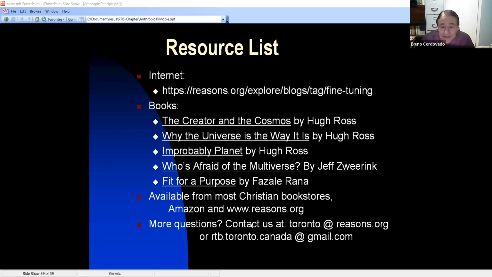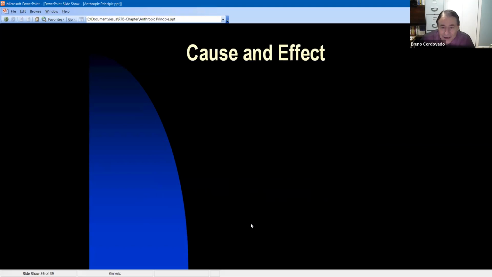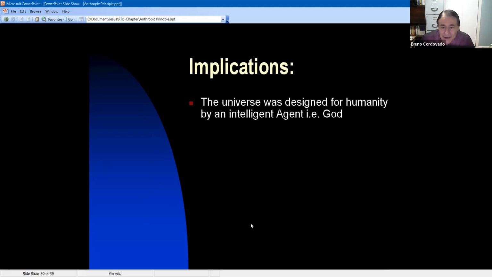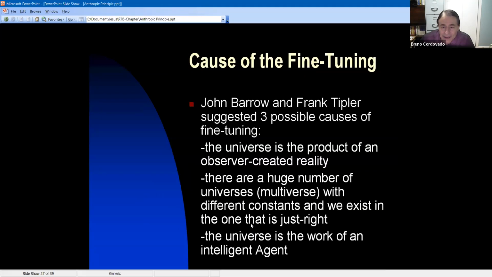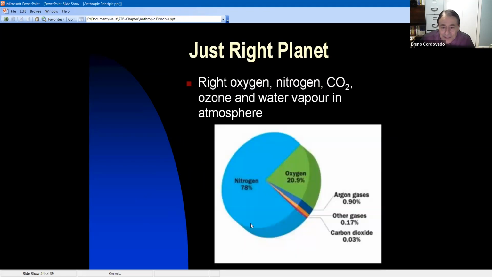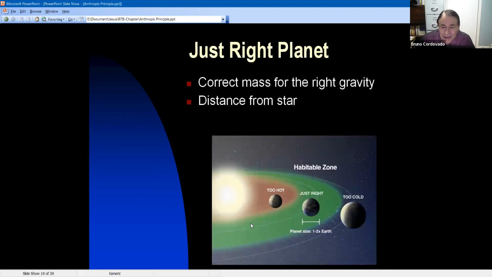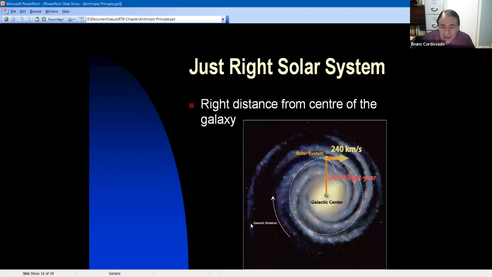Right here. So our galaxy is actually spinning.